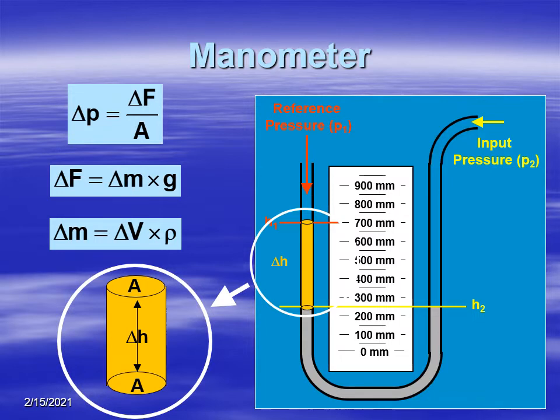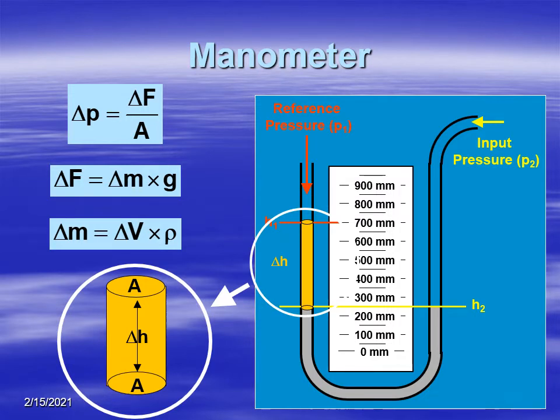Now we already came up with Newton's law that force is equal to mass times acceleration. If we look at it in terms of a difference in force between one side of the manometer and the other, the difference in force is a result of the difference in mass because of the height of the mercury.